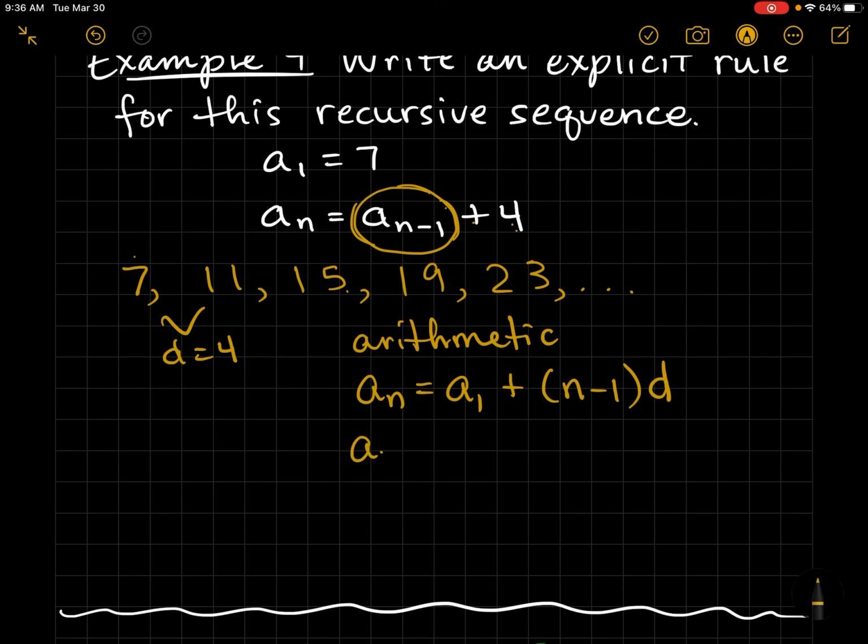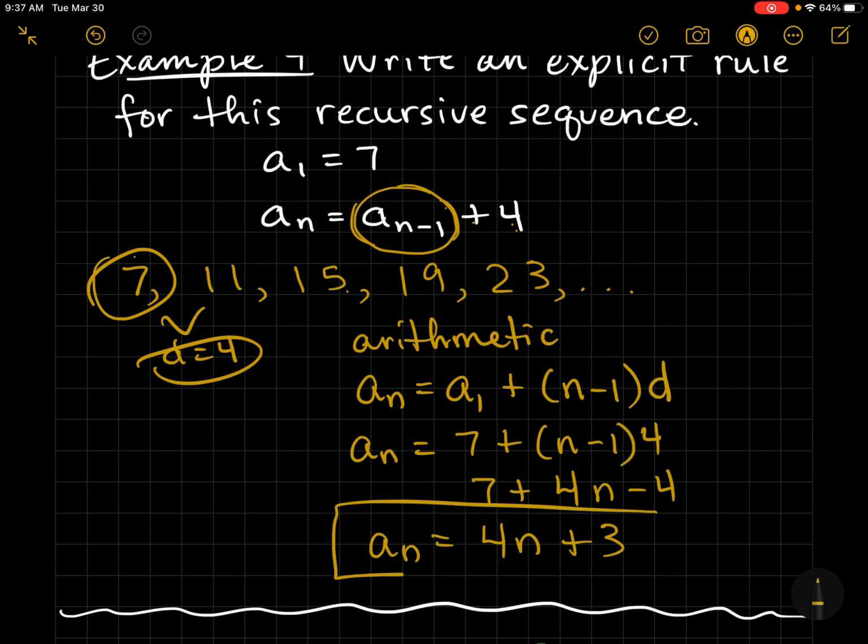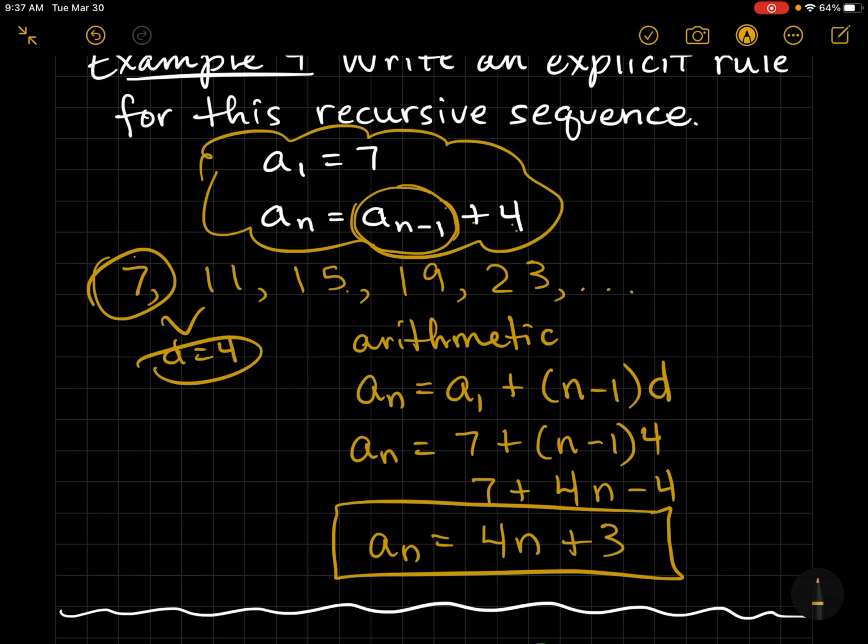So a sub n is going to equal a1, which is 7, plus n minus 1 times d. d is 4. And we simplify and get 4n plus 3. That would be an explicit rule for this recursive sequence. At first it was recursively defined, and now we've defined it explicitly.